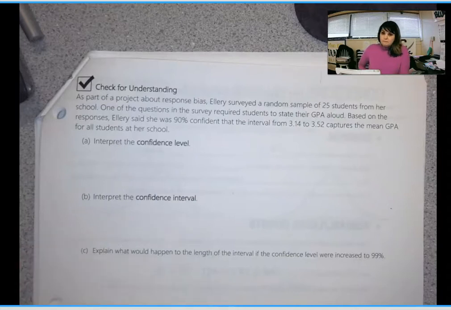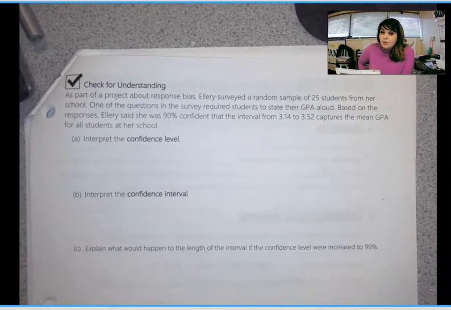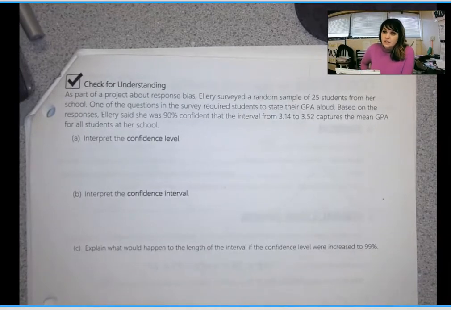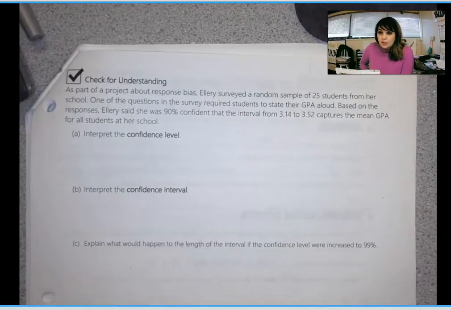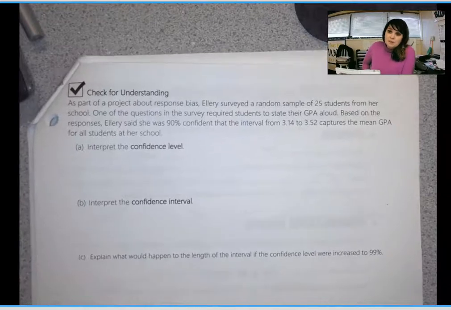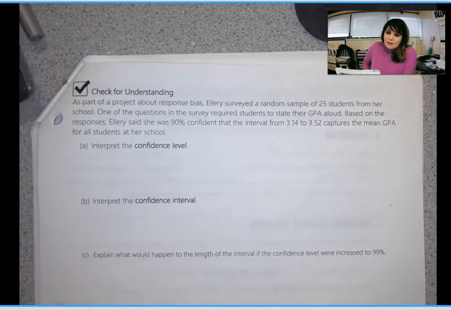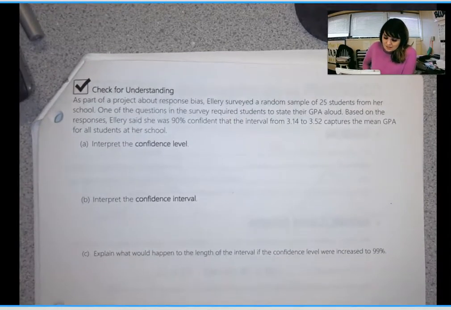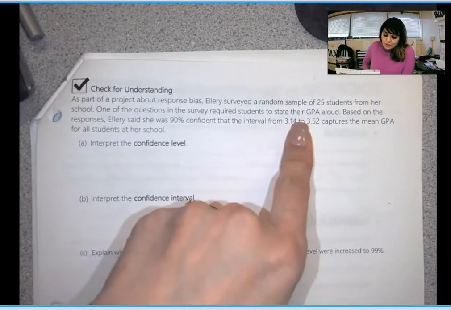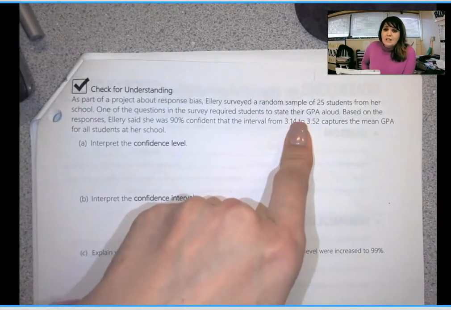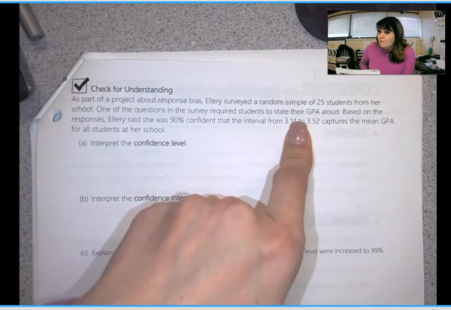Well, I have several independent study classes, and I can look up their GPAs. In fact, I often do because I'm trying to see if they have things to work on. I could look up all of your GPAs, and I'll tell you what. In any of my independent study classes, the average GPA isn't anywhere near 3.14.